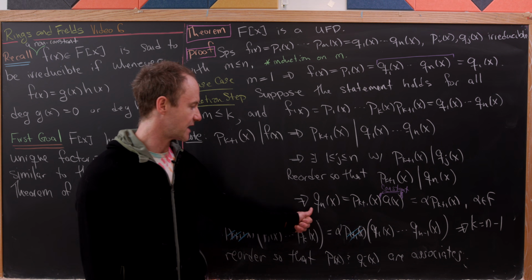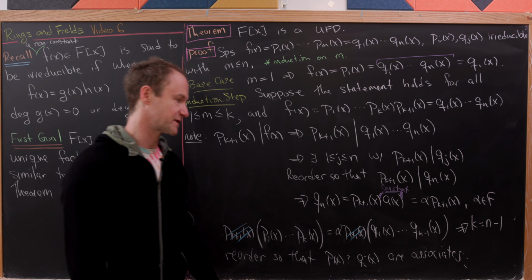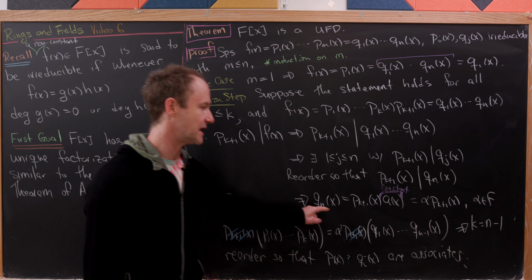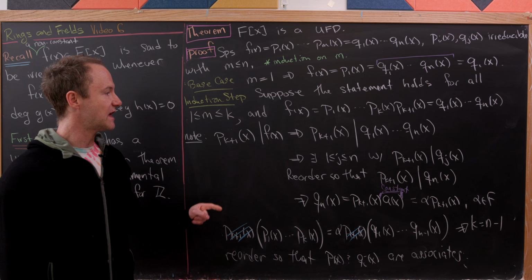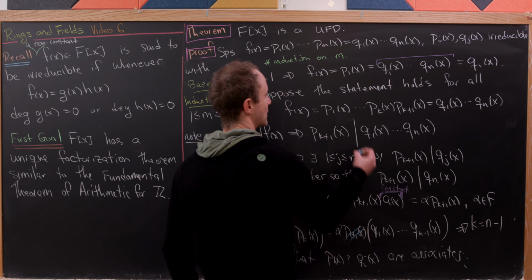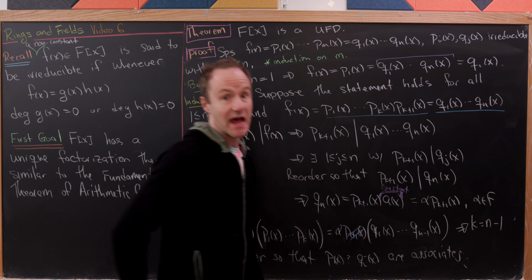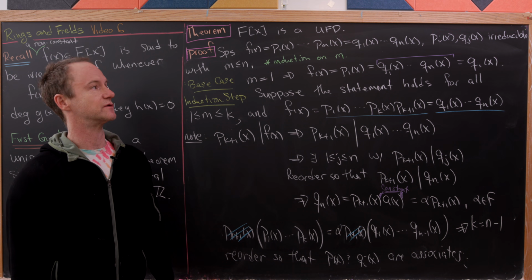But notice that qk plus 1 of x and pk plus 1 of x are already associates, keeping in mind that n is equal to k plus 1 by this equation right here. But then that means that our original factorization into two different looking things is actually the same, up to associates of each of these irreducibles.